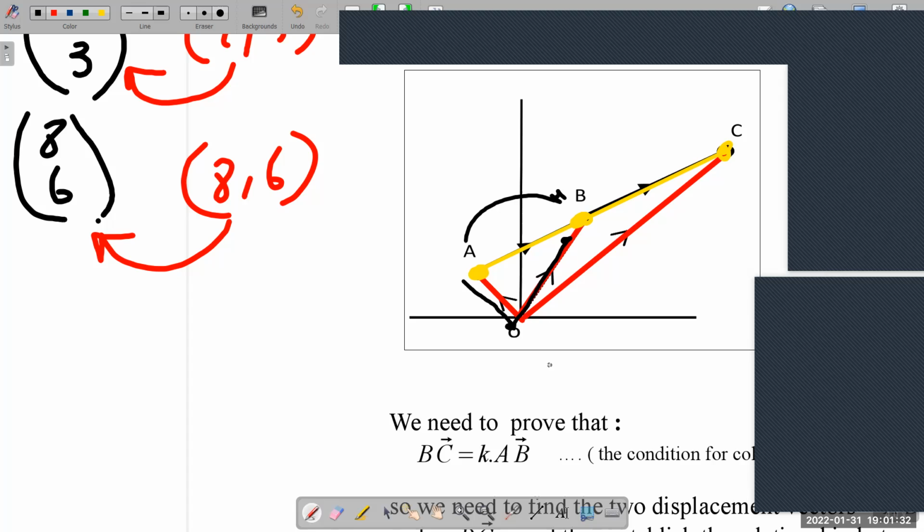So we got to use the lines that we have. And the lines that we have are just the vectors going from the origin to the points. Everybody see that? So what do I need? I need to go from A to O, plus, then once I get back to O, I'm going to go from O to B, which is what? OB.